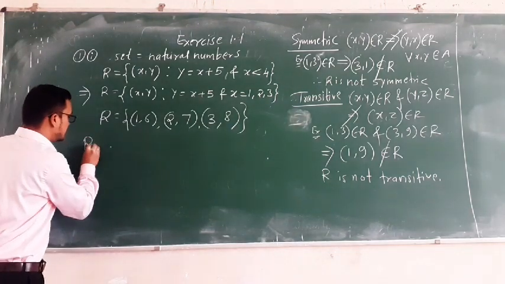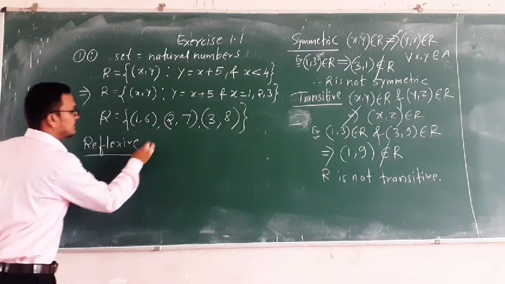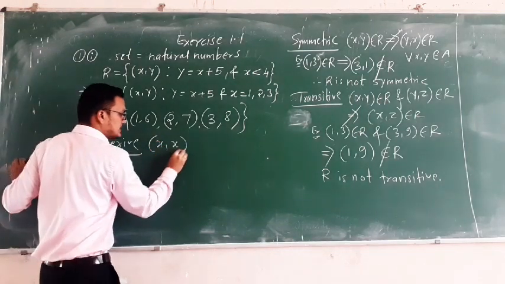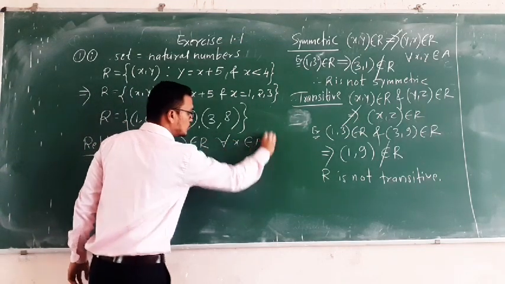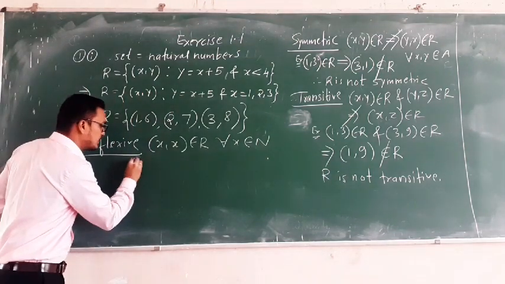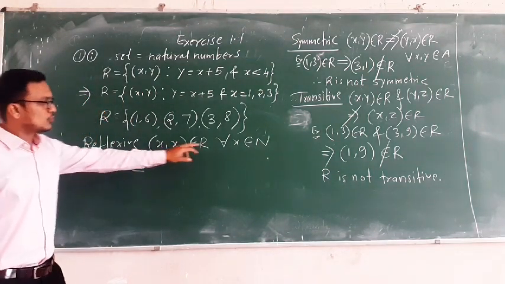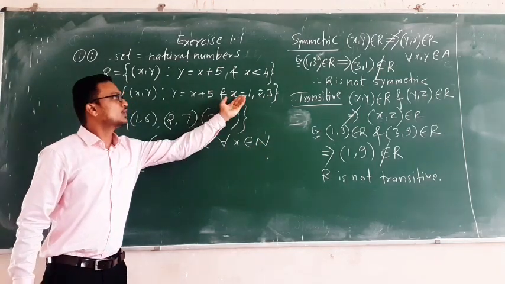Okay, now we'll check reflexive. The definition is (x, x) belongs to R for all x belonging to the set of natural numbers. As I told you, this x should be chosen from N, and N is 1, 2, 3.